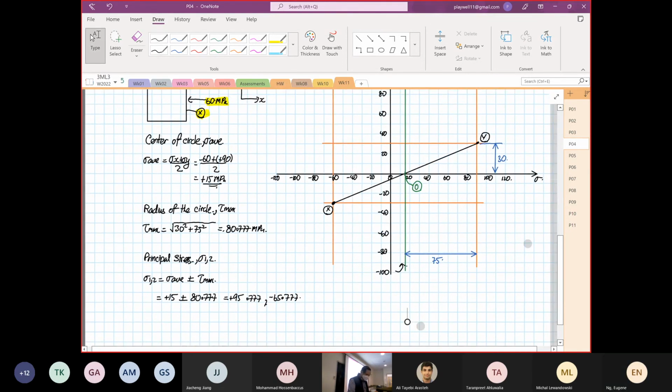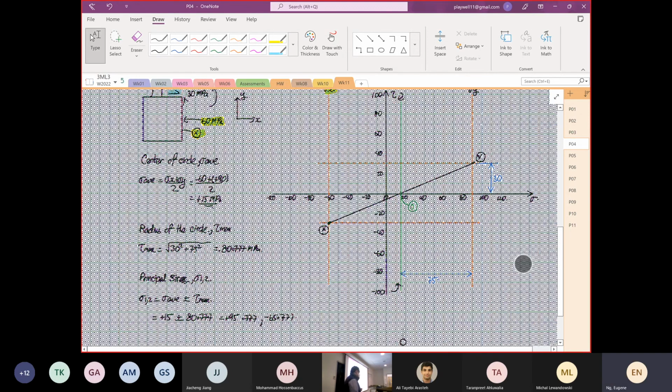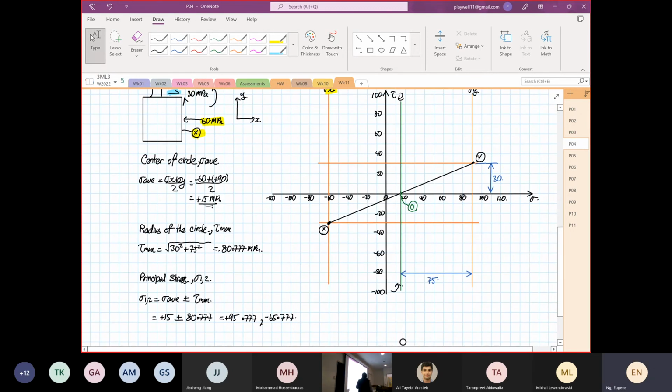So now, those of you that have a compass, after you calculate your stress average, you can draw the circle already. You don't need to calculate the principal stress first. So now you get 65.777, and then you got your 95.777, and then a bit over 80, and a bit over 80.